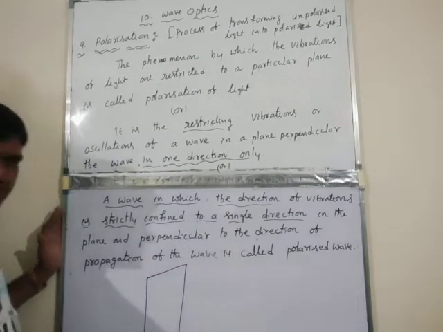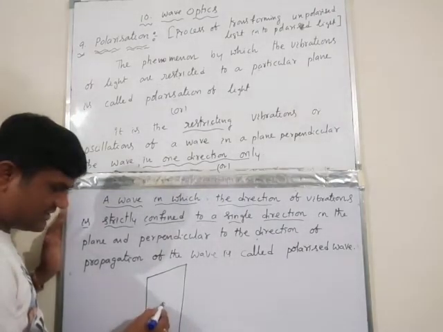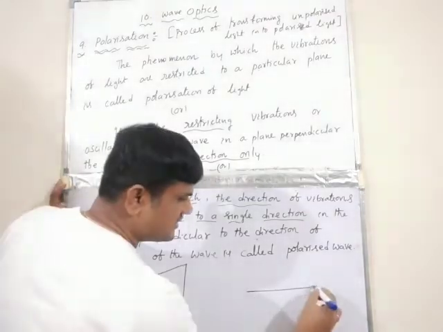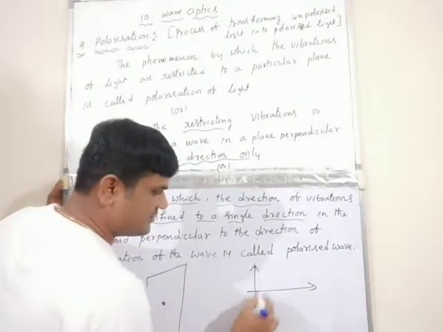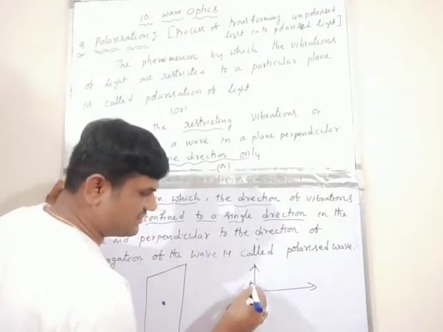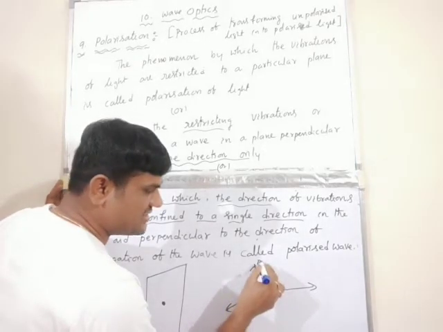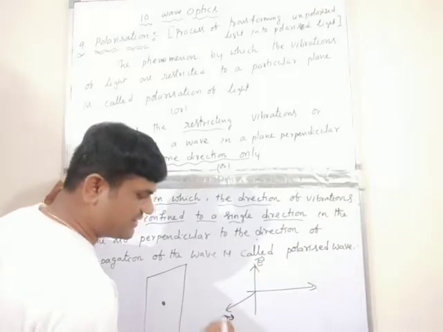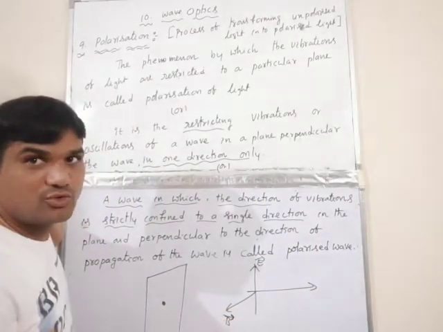Also remember, I have given the electric and magnetic field here. This is the magnetic field, this is the electric field. Electric field is acting in this direction, magnetic field in this direction, correct? Electric field and magnetic field are both vector quantities.